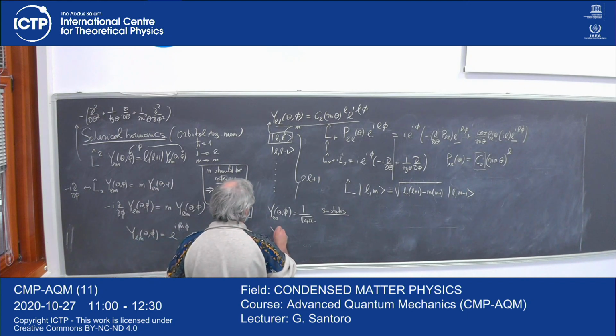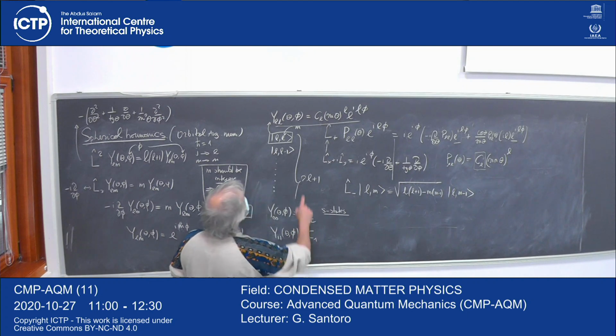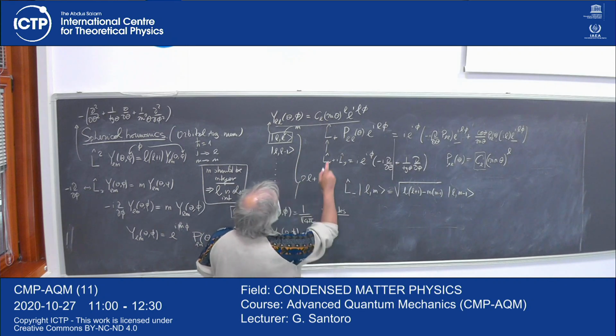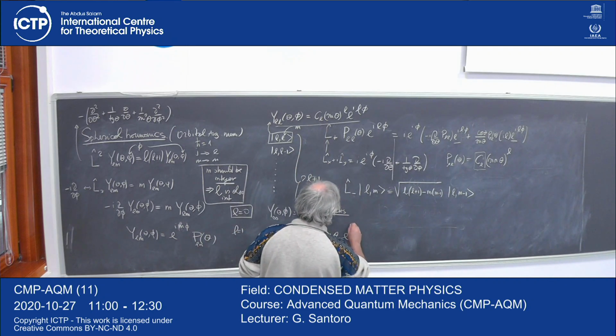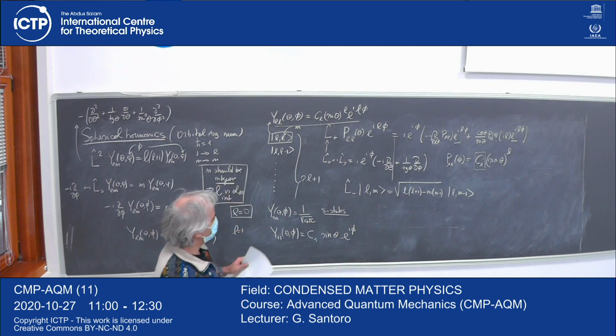Now, I know Y 1,1 of theta and phi. That is equal to C1 times sine of theta times e to the i phi. Good.